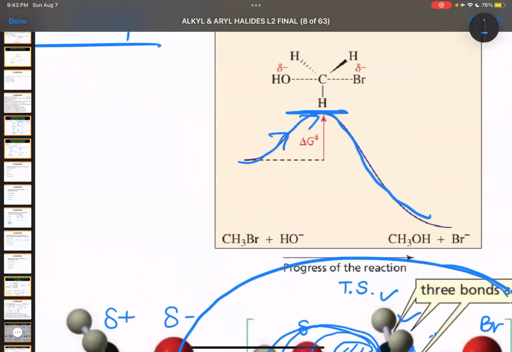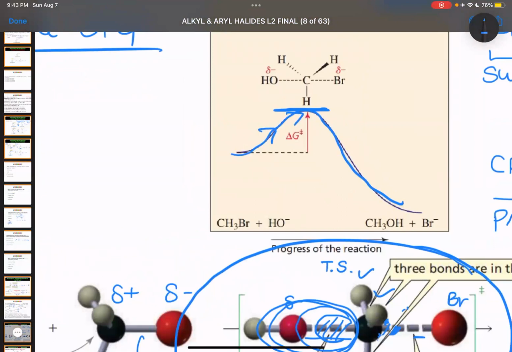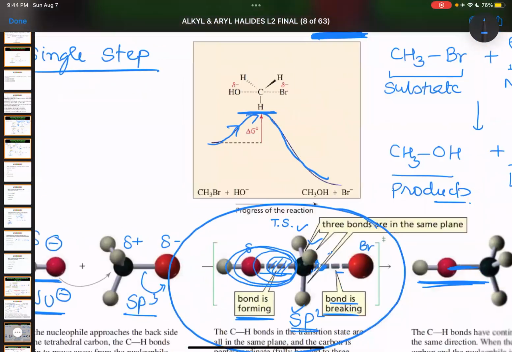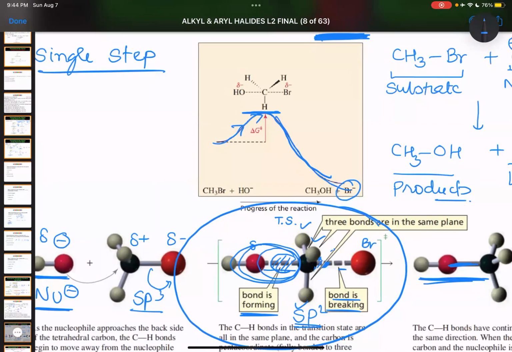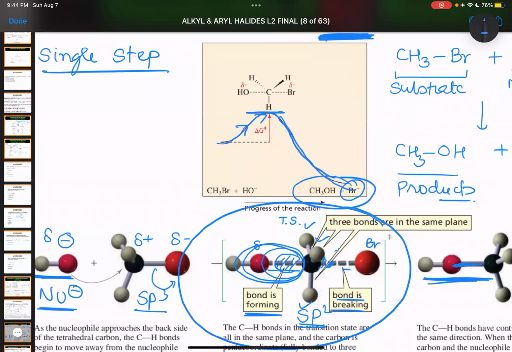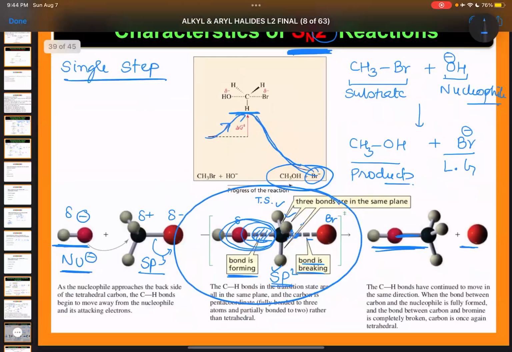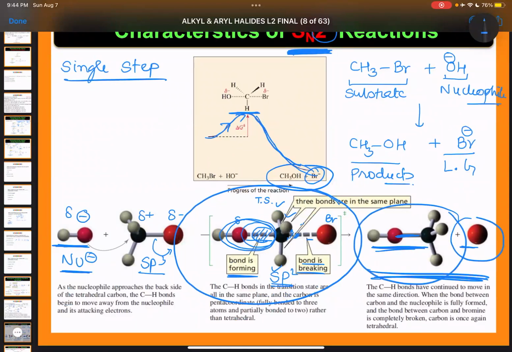So that's why you can see there is a hump. Once the molecule crosses this hump, the bond with the nucleophile becomes more and more stronger, and the bond with the leaving group becomes more and more weaker, and finally in the product the leaving group gets completely separated. Is it clear? So that's how the reaction has happened.